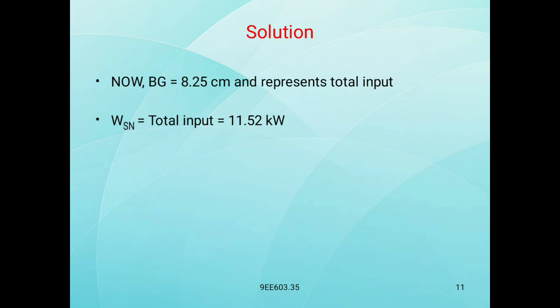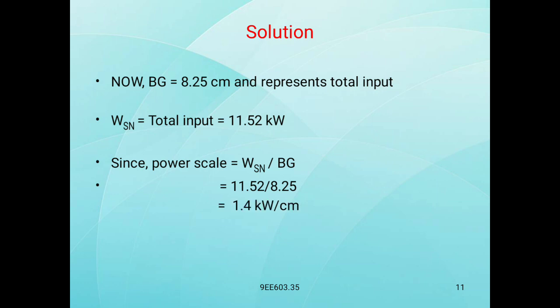Since the power scale is WSN by BG, that is 11.52 by 8.25, that is 1.4 kilowatts per centimeter. Therefore, the power scale is 1 centimeter equal to 1.4 kilowatts.